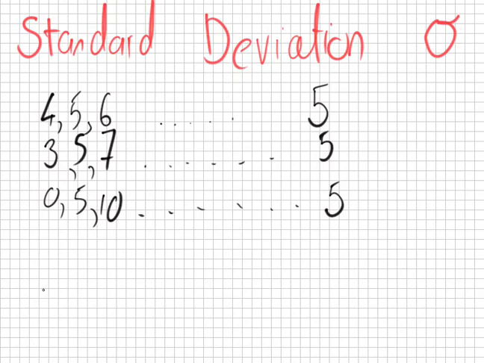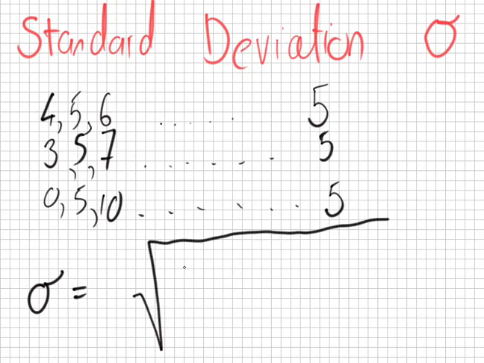And the formula is as follows. Square root. Now first you calculate the average, and for the average I'll use this symbol, X with a little bar on top. You should also note that some people use this symbol to mean mean average as well.